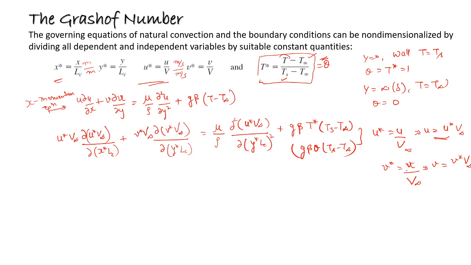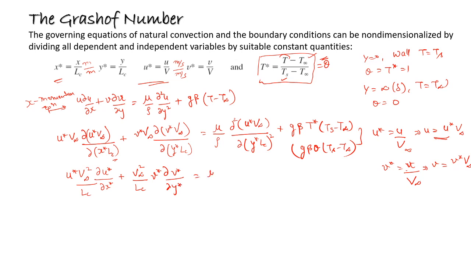Now, because V infinity is a constant, it may be taken out of the differential. LC is a constant, fixed property. So we can modify this equation as u star V infinity square over LC, derivative of u star over derivative of x star, plus V infinity square upon LC, v star times derivative of v star over derivative of y star.